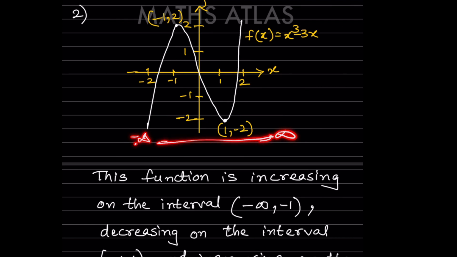So from minus infinity to -1 it is increasing, then from -1 to 1 it is decreasing, and again from 1 to infinity it is increasing.